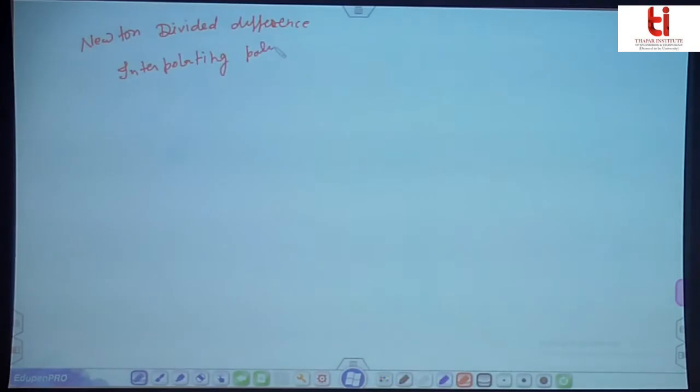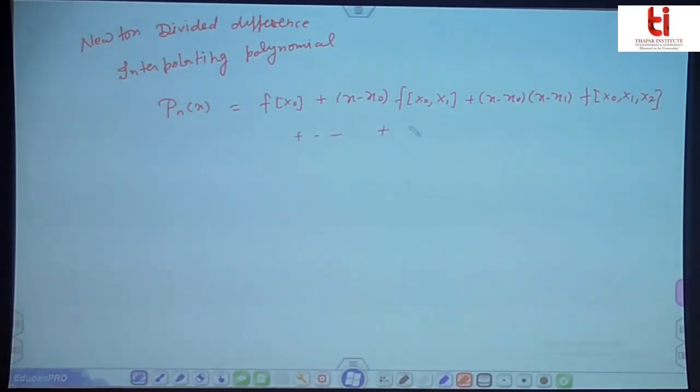That means Pn(x) equals f(x0) plus (x minus x0) f[x0, x1], plus (x minus x0)(x minus x1) f[x0, x1, x2] and so on, plus (x minus x0)(x minus x1) up to (x minus x(n minus 1)) f[x0, ..., xn].